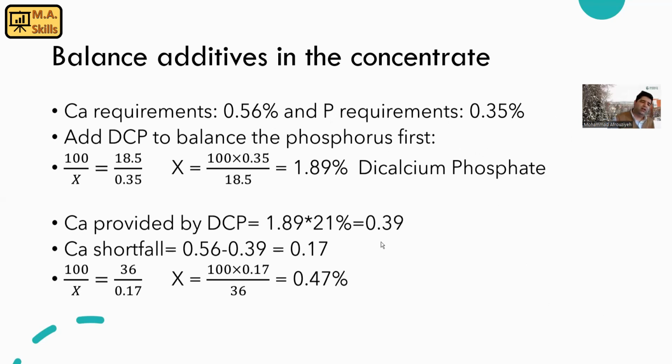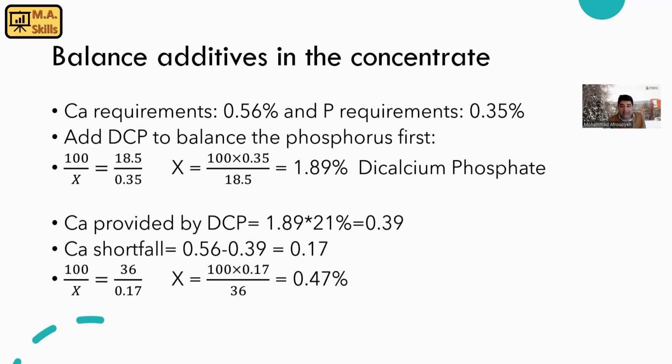So first, we're gonna add dicalcium phosphate to balance the phosphorus. See, here is a secret. Whenever you're going to balance calcium and phosphorus, we have two types of ingredients. Some of them can provide both calcium and phosphorus, like DCP, dicalcium phosphate. But some of them can only provide one of these minerals, which is the calcium here, right?